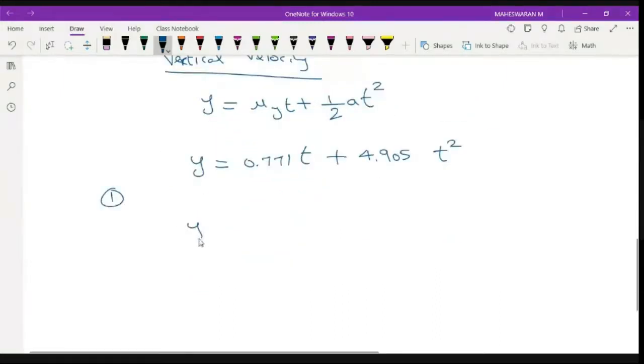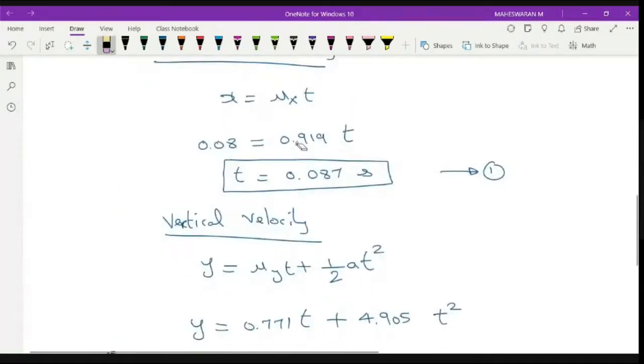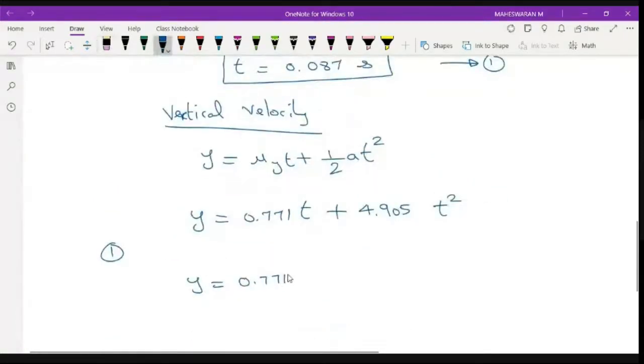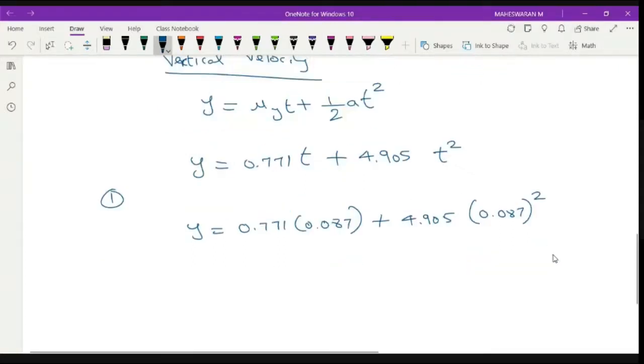So y is equal to 0.771 times t, sorry, t is 0.087, plus 4.905 times 0.087 square. So what is your y?